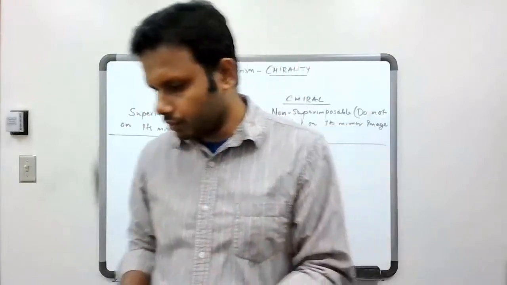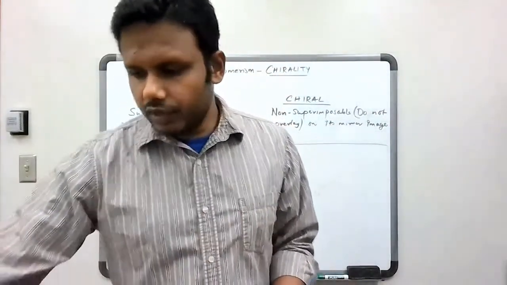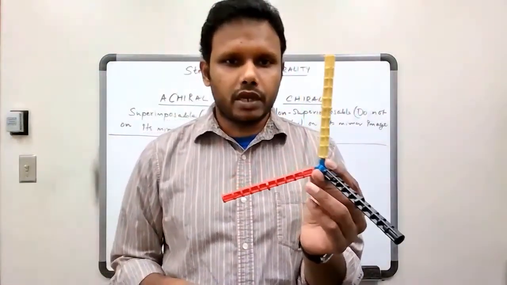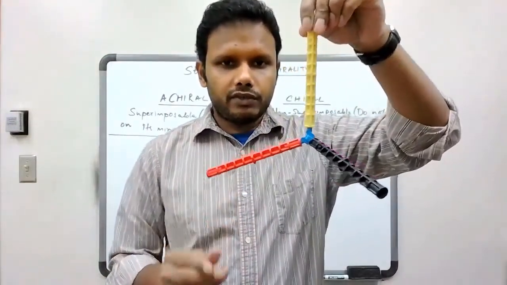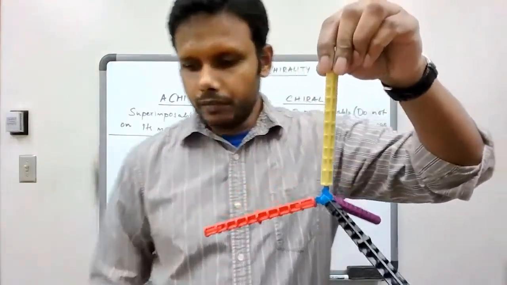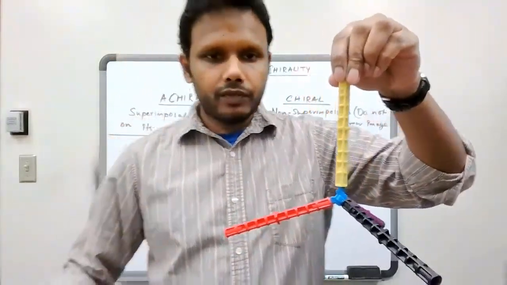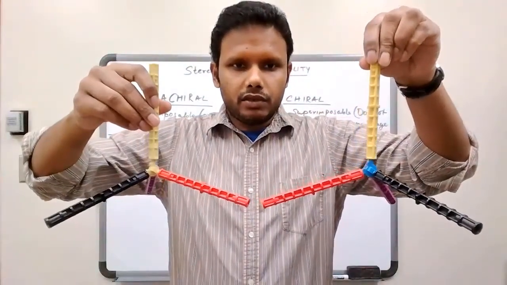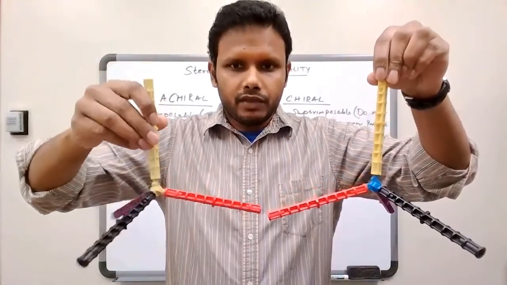Because there's superimposability. Now, the next step up is when we have four different groups connected to a carbon atom, okay? So this is a molecule where we have four different groups connected to that carbon. If I place this in front of a mirror, okay, I will get its mirror image. That's this molecule, okay? So notice how we have yellow, red, black, and purple, okay?